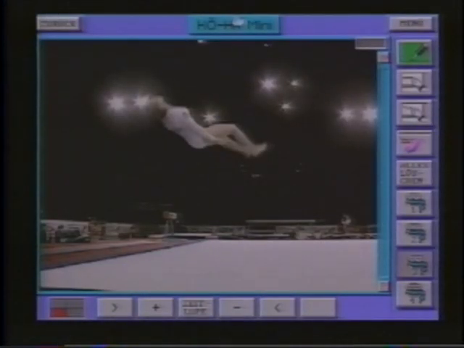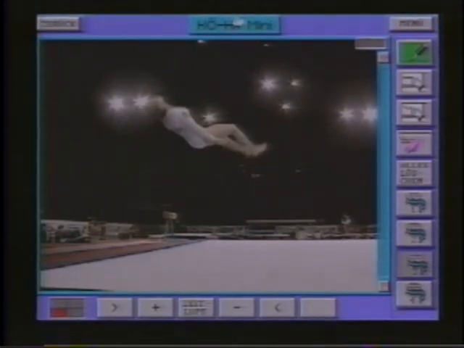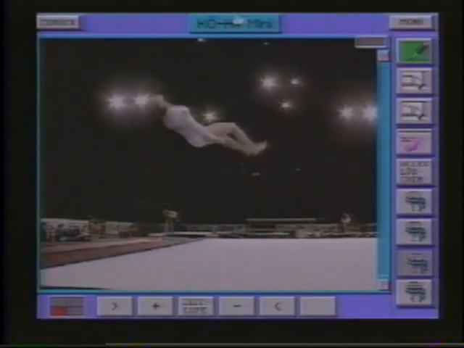In the third example, we have a frame of a double salto backward stretched. The phase that we have frozen has neither a stretched nor a tucked body position.